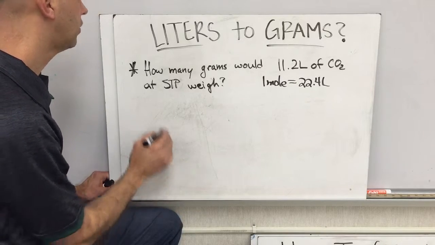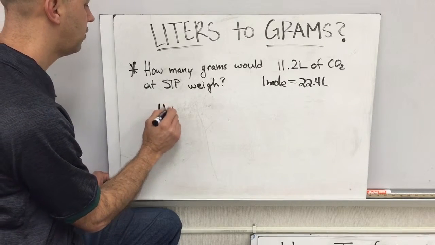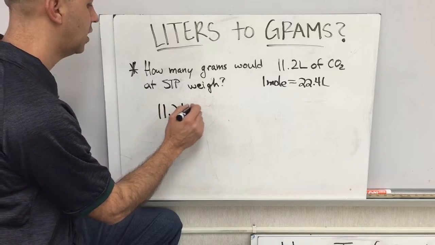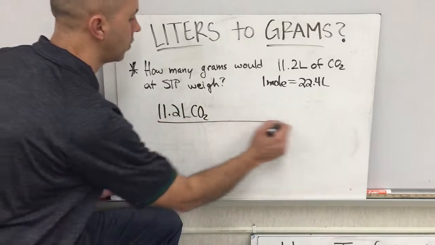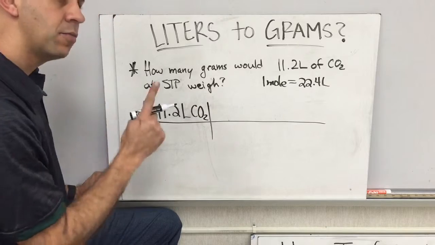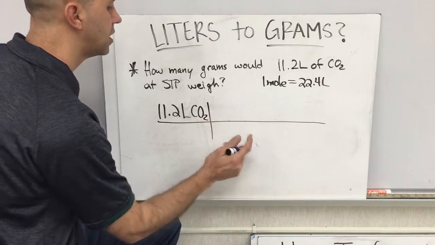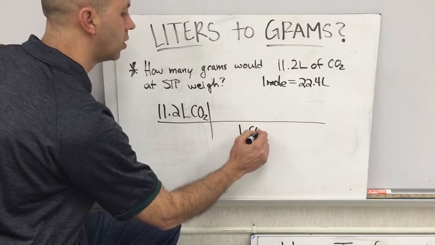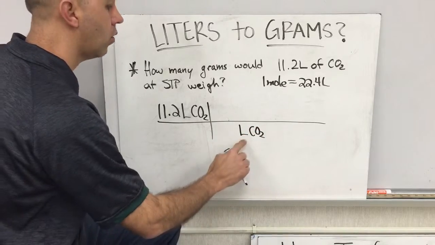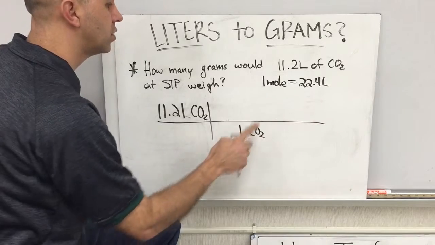Okay, here we go. 11.2 liters of CO2. Step 1, go from liters to moles. So I'm going to take this liters and put it down here. What do I know? 22.4 liters are in 1 mole.